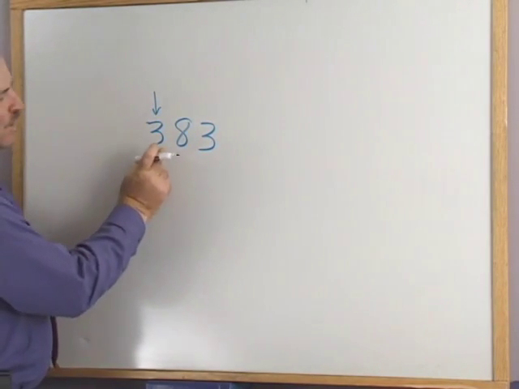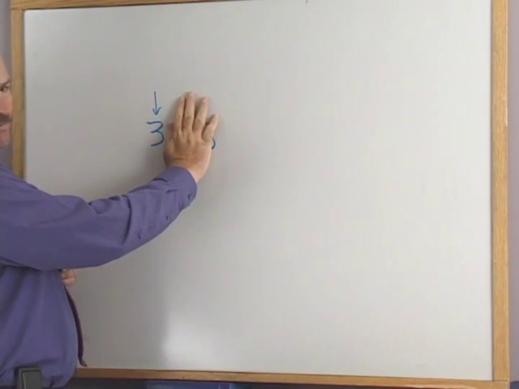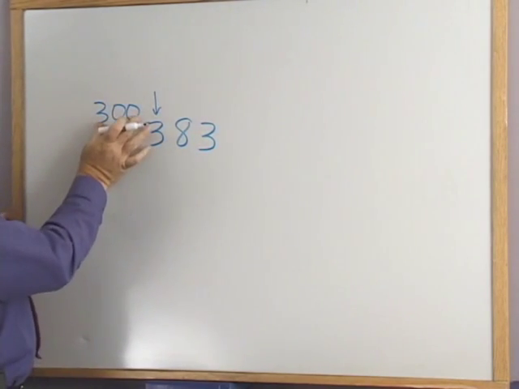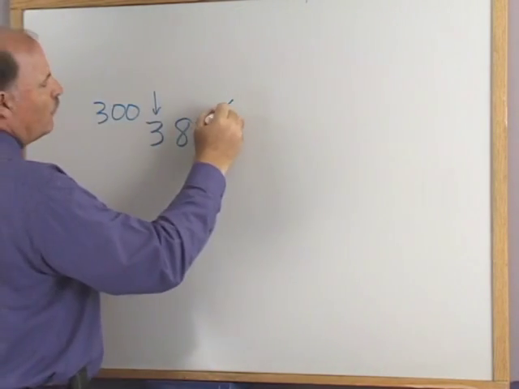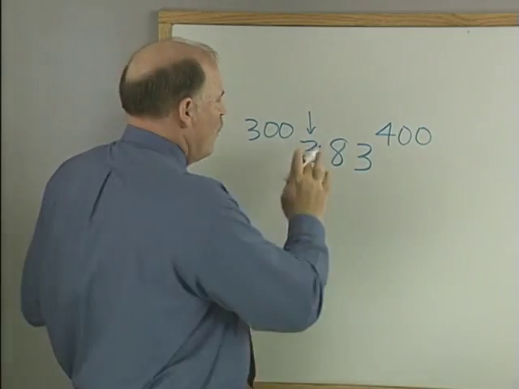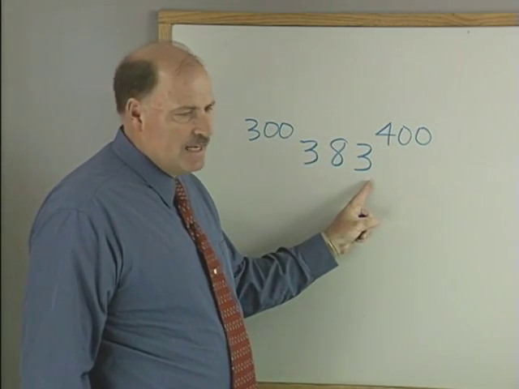Now, what two hundreds are close to this one? If I cover this up, how much is that? 300. And what's 100 more than 300? 400. Now, the key is, we don't want to look at the 3. Doesn't make any difference.